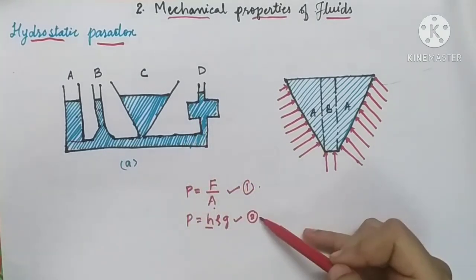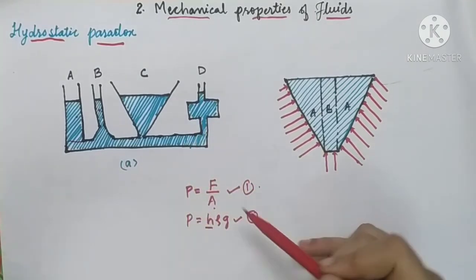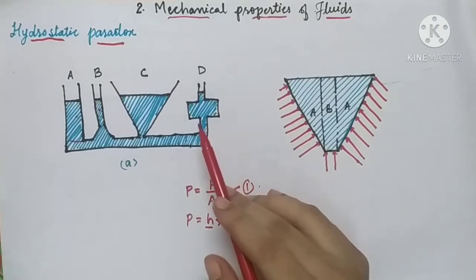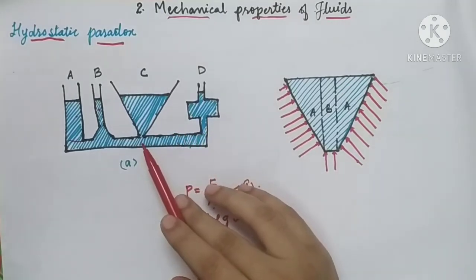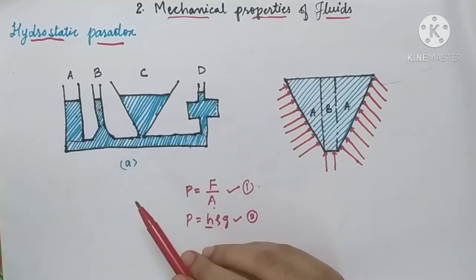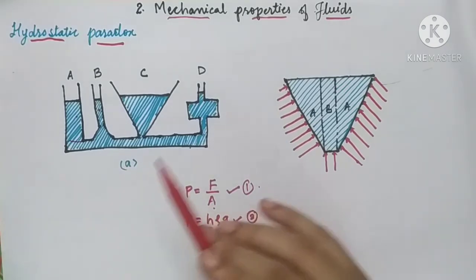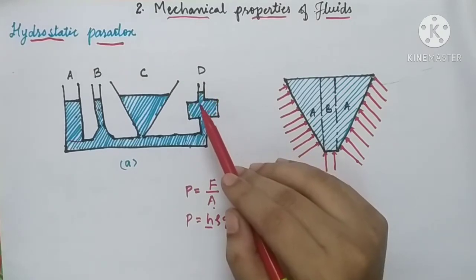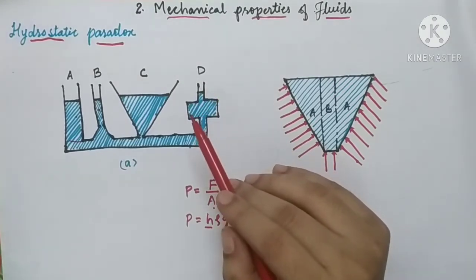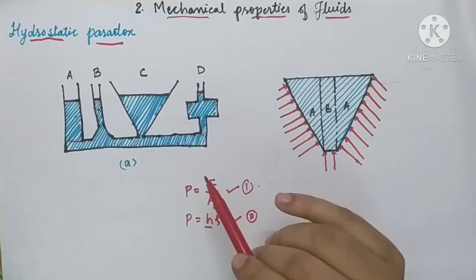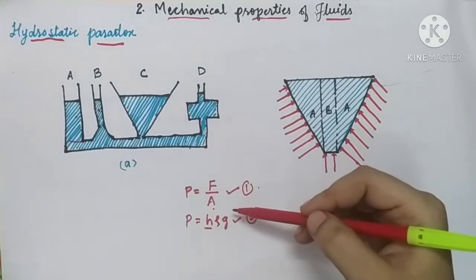Whether these two equations are wrong, or whether the container is filled wrongly? No, it is not like this. Everything is correct, provided that the condition we have taken here is the equilibrium of the liquid level. So it is contradicting these two equations.